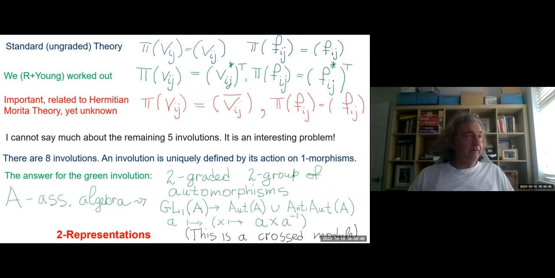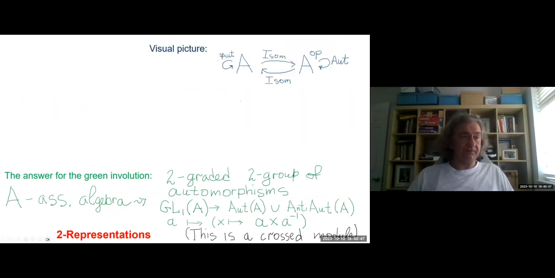Now that's a visual picture of roughly this one, a categorical visual picture of this two-group of automorphisms of an algebra, right? So it has two objects, and you want to fill them up: algebra A and algebra A with opposite multiplication. You have automorphisms, they act here, and anti-automorphisms are isomorphisms between A and A opposite.